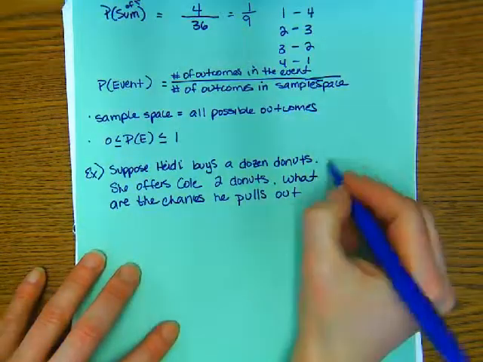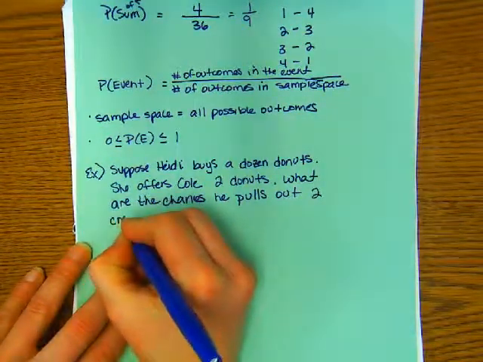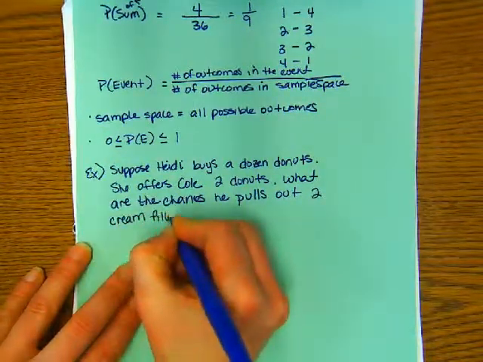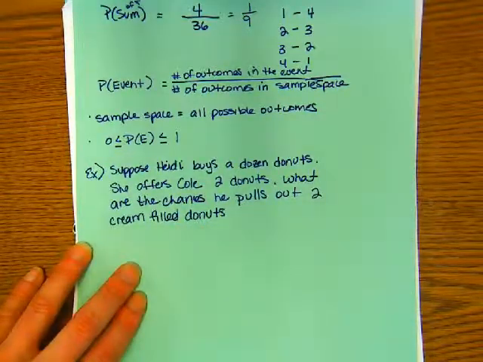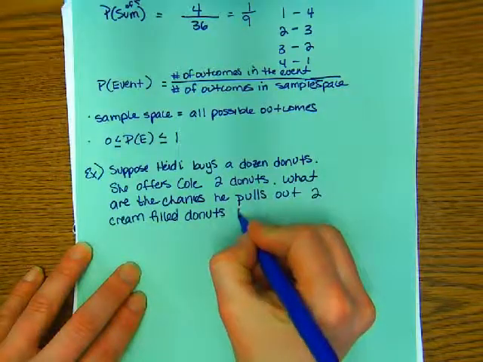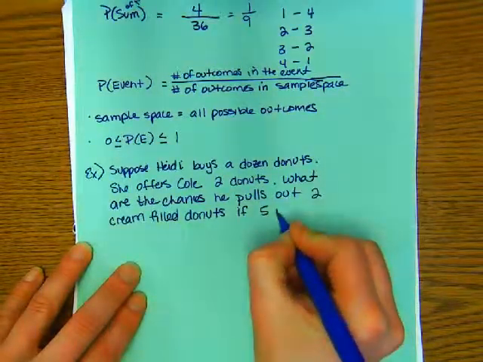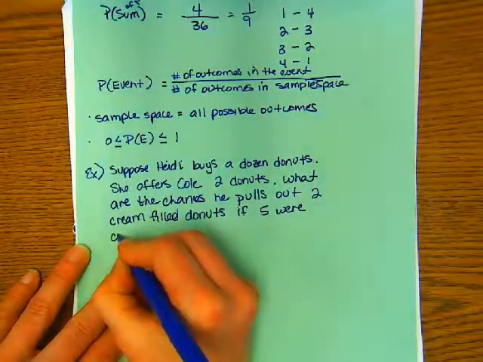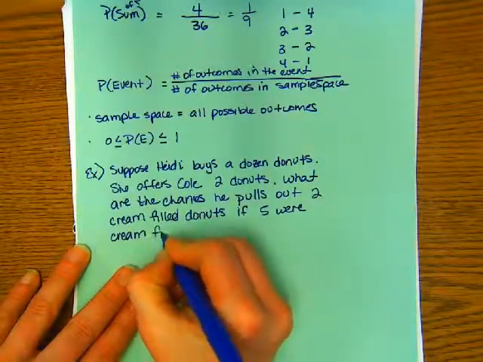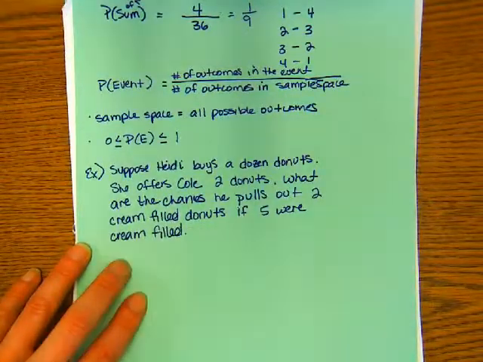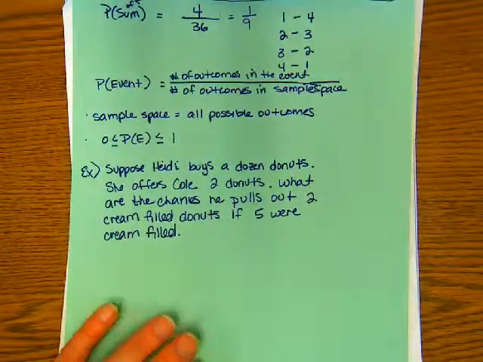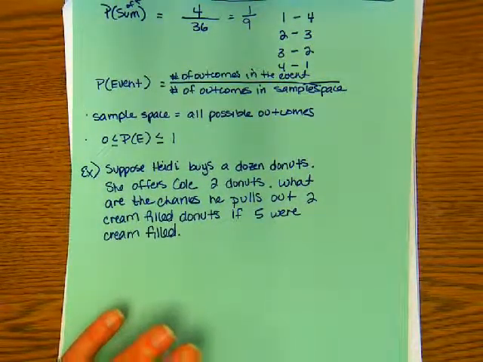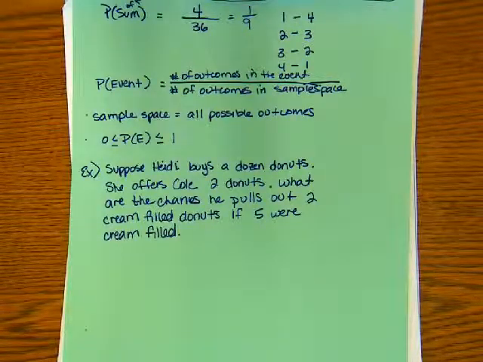What are the chances he pulls out 2 cream-filled donuts if 5 were cream-filled? We don't really care about the rest because I could give you all of them. There's an M&M problem or a chocolate candy problem in the homework today.